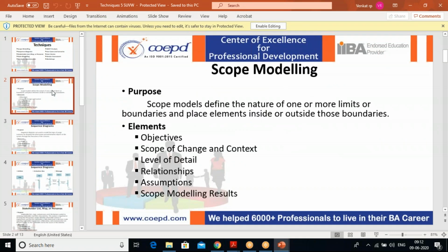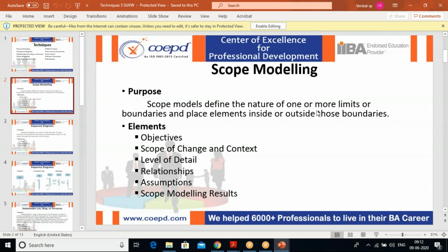And then we'll go with scope modeling. When you are defining the scope, we have to define what is in scope and what is out of scope. The first thing is the objectives: you have to understand why we are defining the scope. Here we have to understand the change scope, we have to model it, the context in which we have to make this particular change, and the level of detail we have to write.